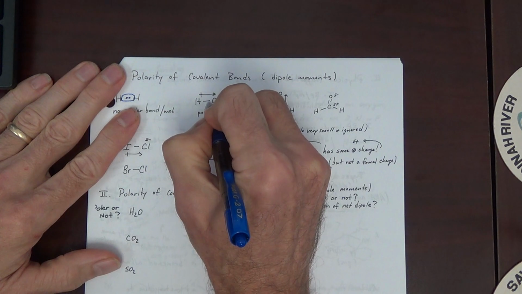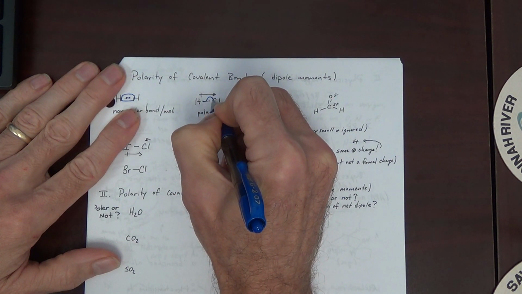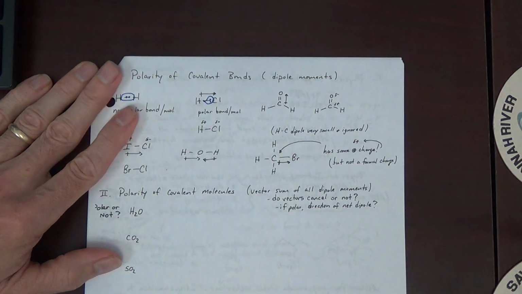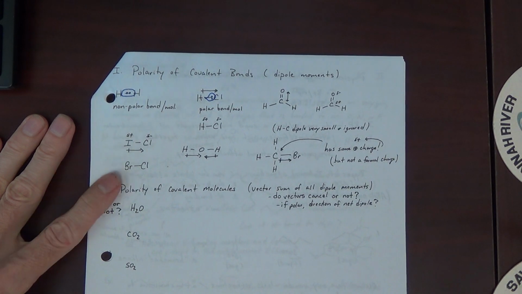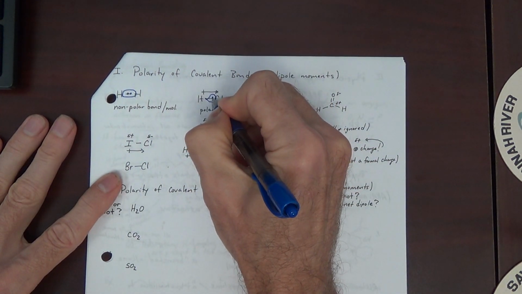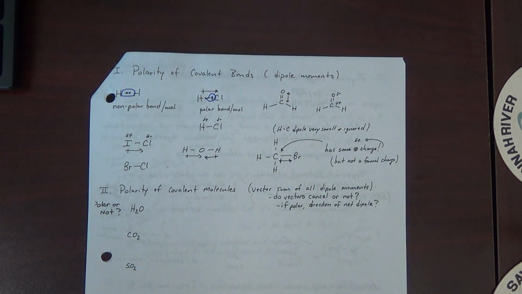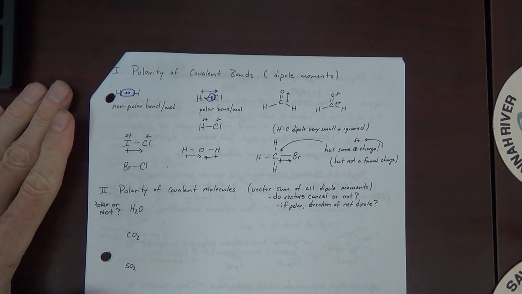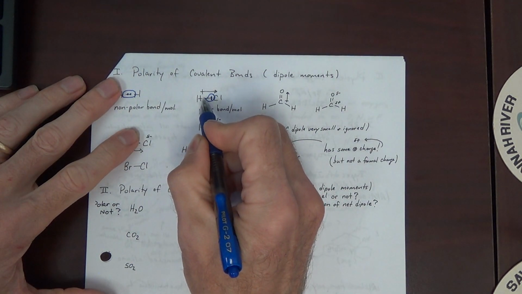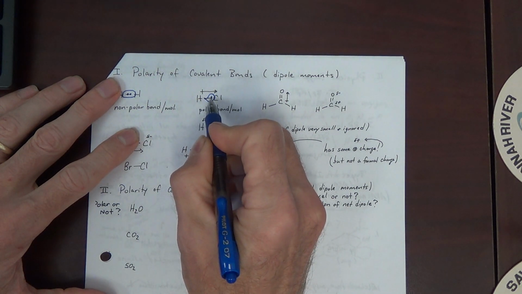So if we draw the electron cloud, it's going to look more like this, with those two electrons sitting closer to the chlorine nucleus, leaving the hydrogen nucleus, the valence electron of hydrogen, sort of pulled away.